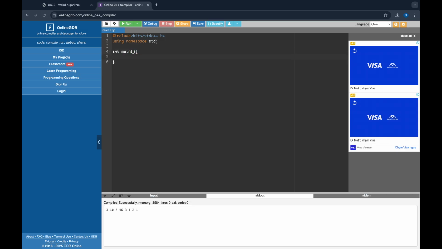This is a standard format of a program, so I'm gonna add a few things to make this program run faster. So these two lines of code are to make your program run faster.